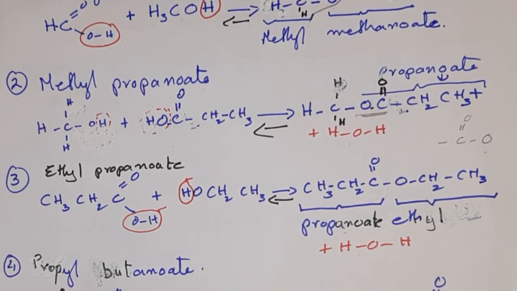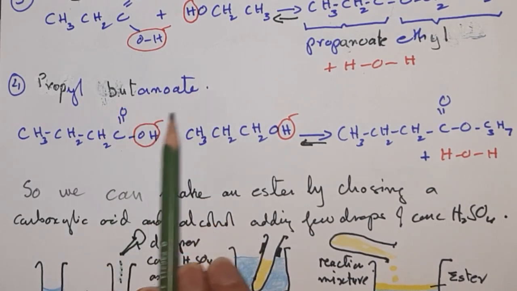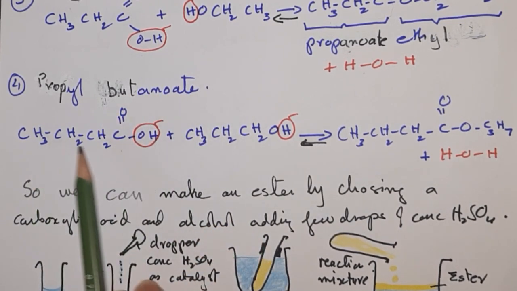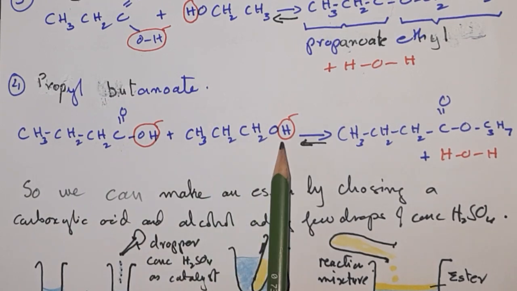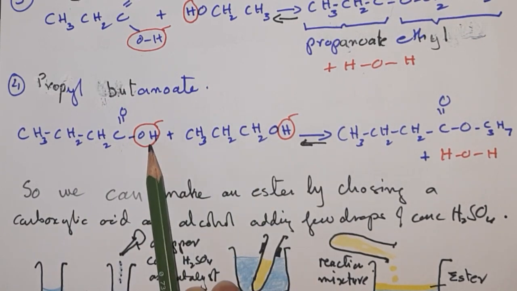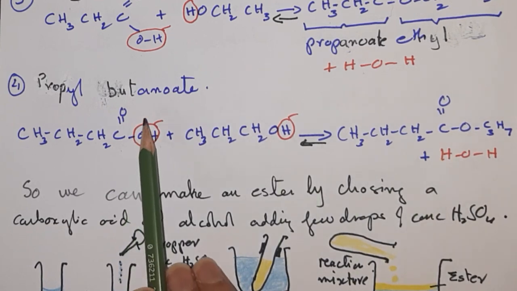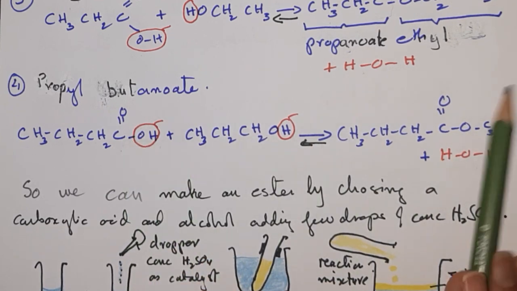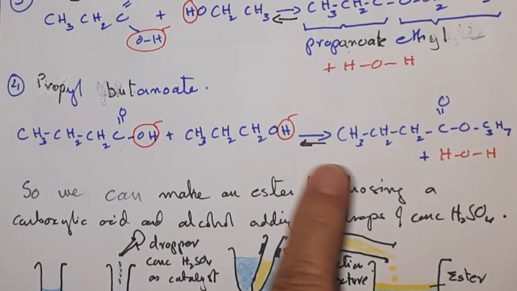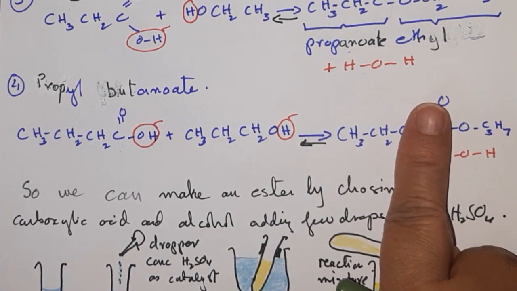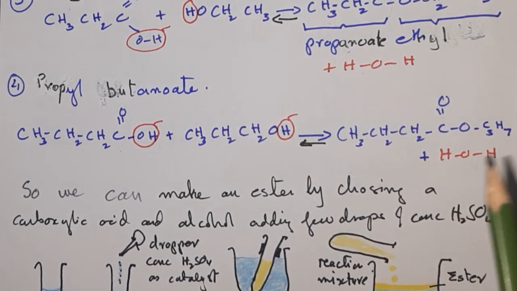Now the fourth one, propyl butanoate. Butanoate, butanoic acid, 1, 2, 3, 4. Propyl, this is propanol, 1, 2, 3. Again, H and OH form water, and when this OH is removed from here, it forms this group, and when H is removed from here, this forms this group, C3H7.